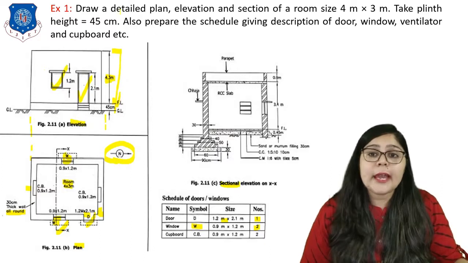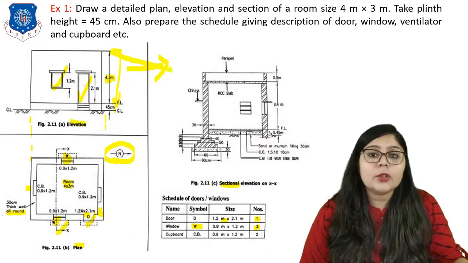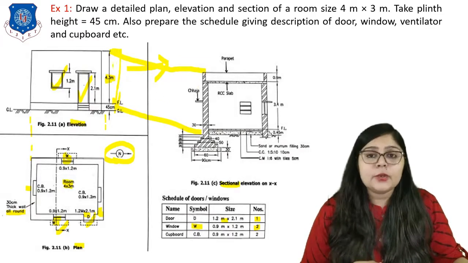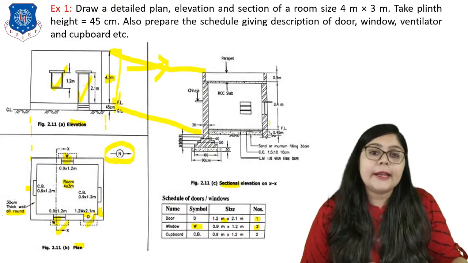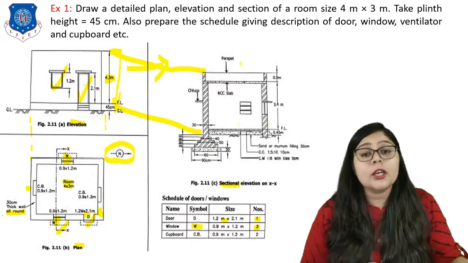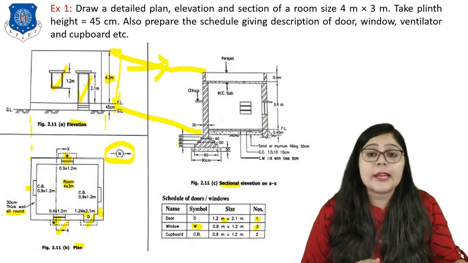Now, once you draw the elevation, you can draw the section. So here from these, you have to extend the lines like this. This is not the exact way, but I am trying to say that we have to extend the lines to get the height. And then after, we have to provide the cross section. But if you remember, for a section we have to take the section line.